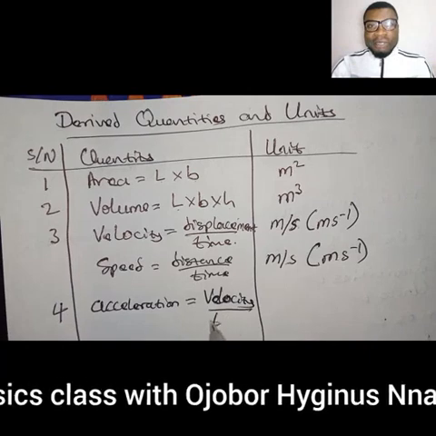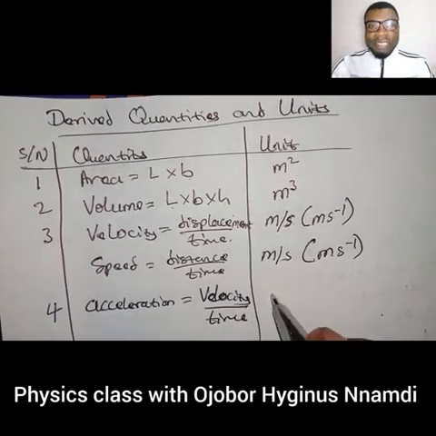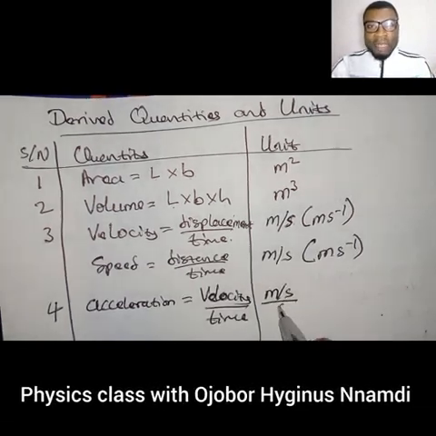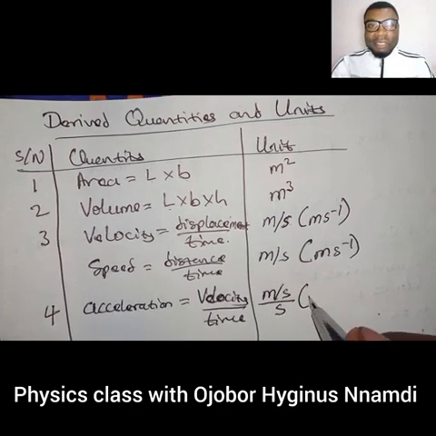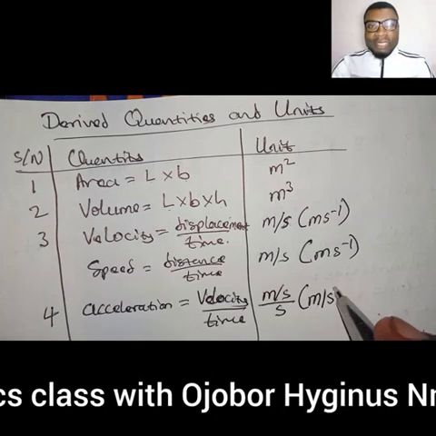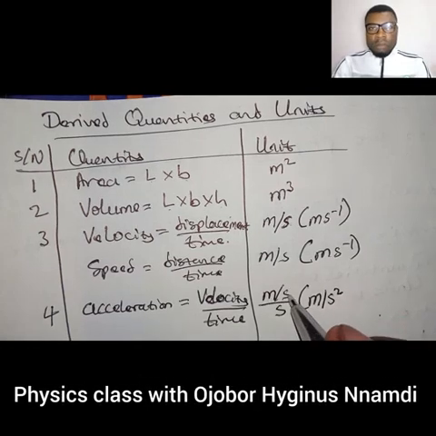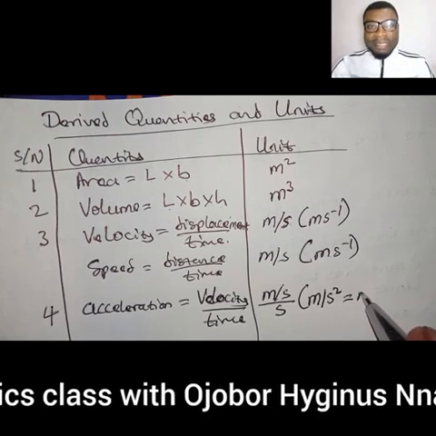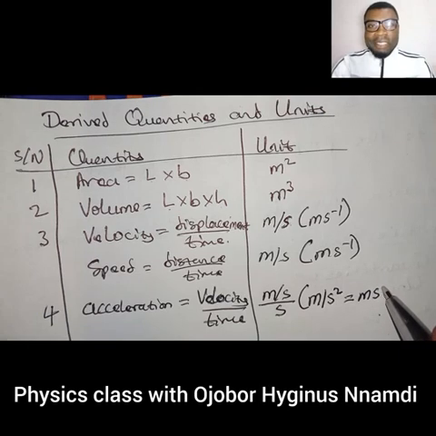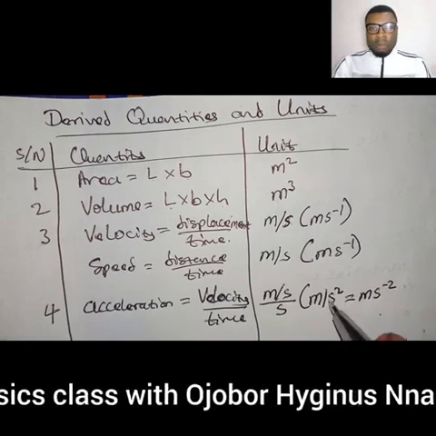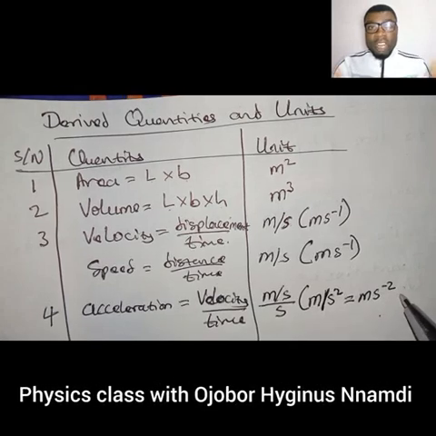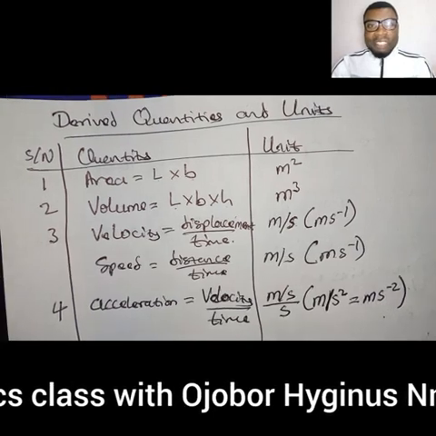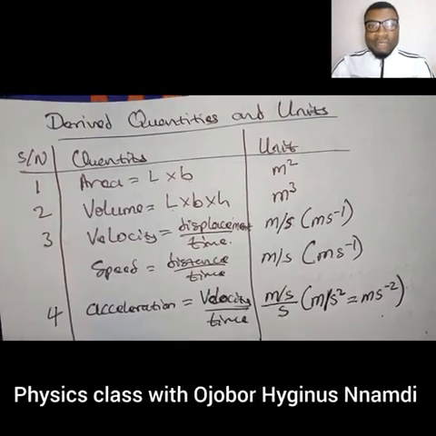So if you say velocity over time, velocity we have seen is meters over second, then divided by time, that will give us meters per second square, because the meter over second divided by another second will give us meters per second square, which I said you can write as ms raised to power minus 2, because when you remove the division sign it will now be minus 2. So this is pronounced as meters per second square, the unit of acceleration.